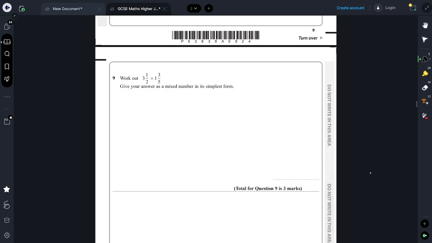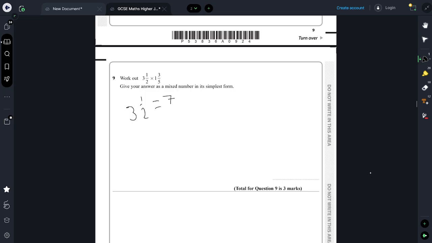But anyway, so let's deal with this fraction. So again, when you have mixed fractions like this, always convert them to improper first. If you are confident, you can work with them as mixed, but to be on the safe side, convert to improper first. So 3 and a half. Again, you times the bottom number and then add the top. 3 times 2 is 6.